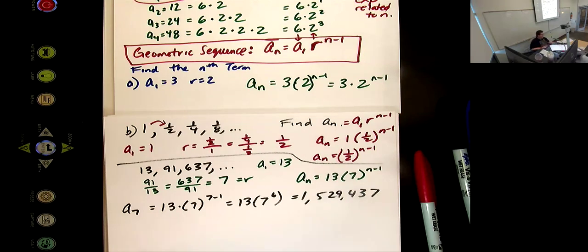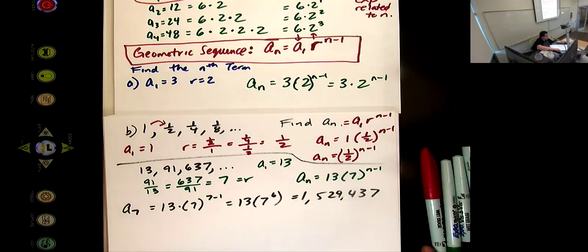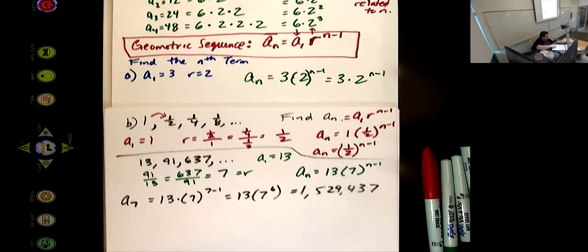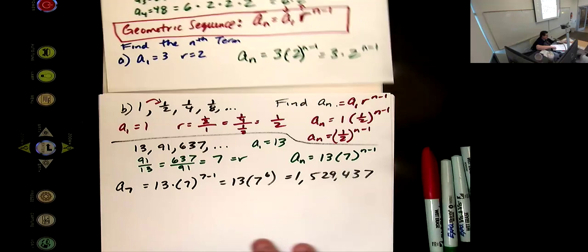This one runs away from you pretty quick. The seventh term is in the millions. Yeah, there's that whole great problem, it's a classic.